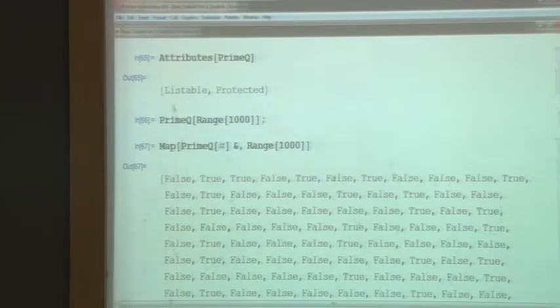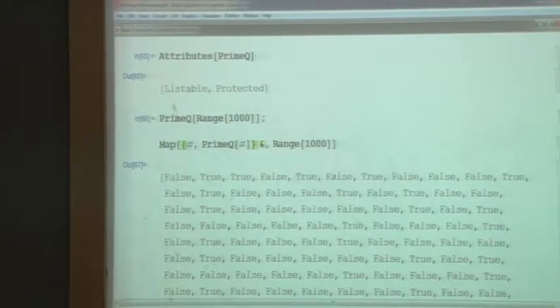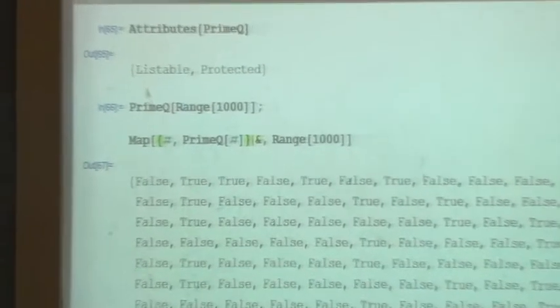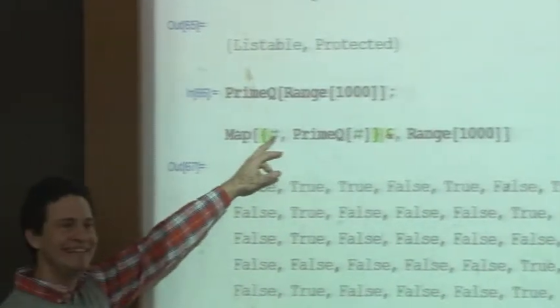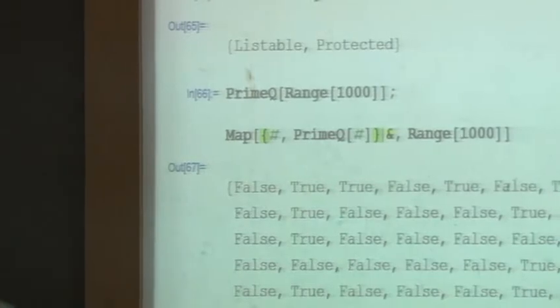I just need to modify this, right? How? I put the number. You see what's happening now? So, when I apply this, Mathematica is going to give me first the number, and then whether it's prime or not.